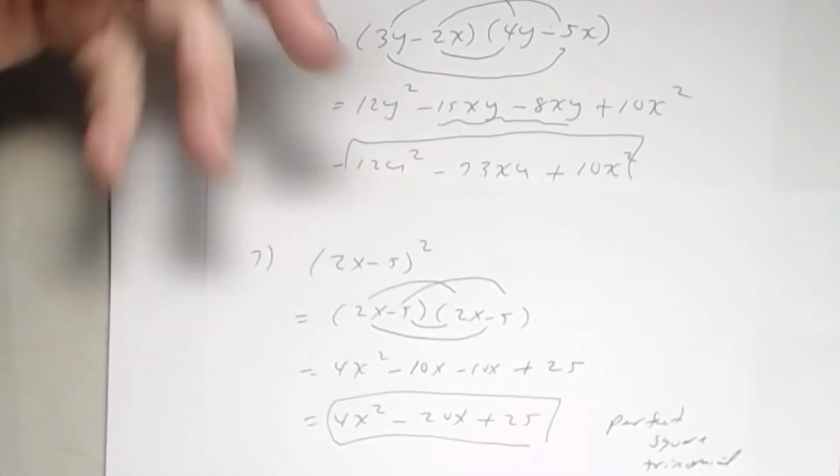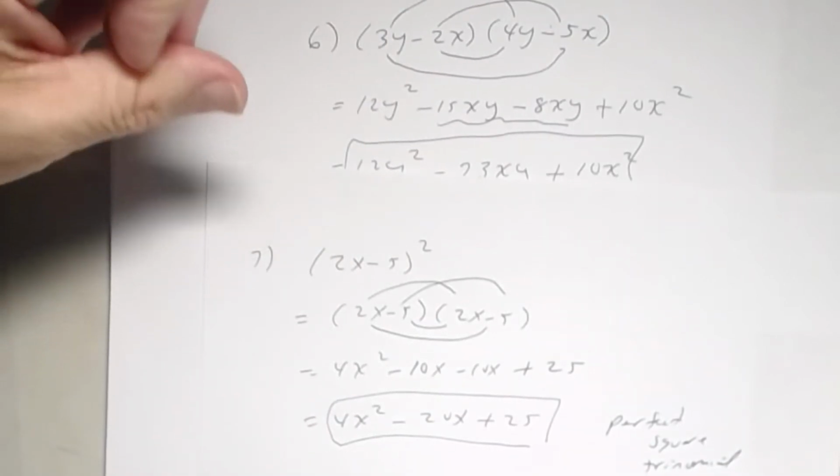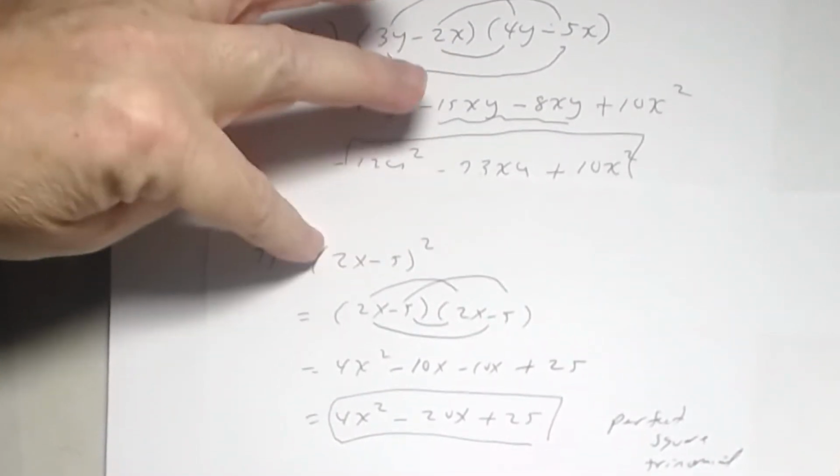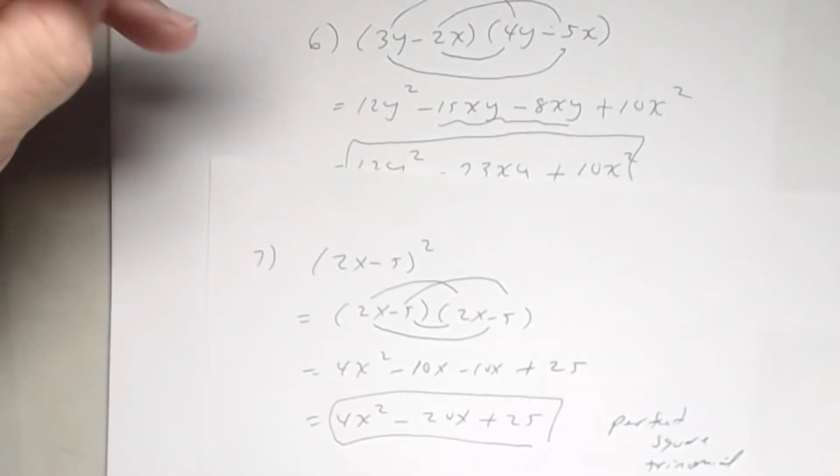Squaring it. So you square this binomial, you end up with a trinomial. Now you're going to see why it's called a perfect square when you look at these coefficients, but we're going to do that later.